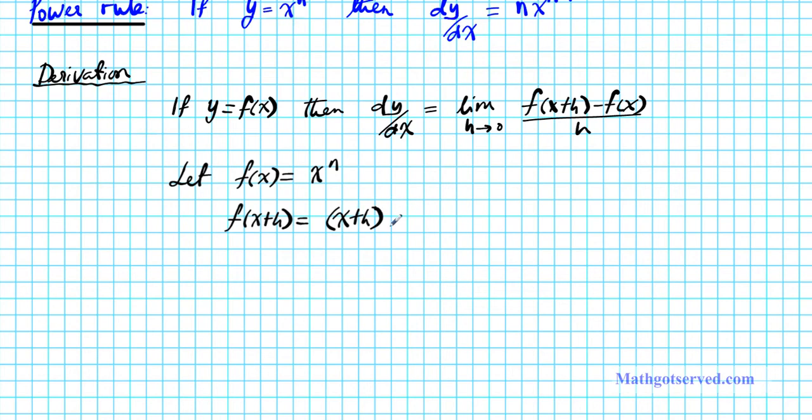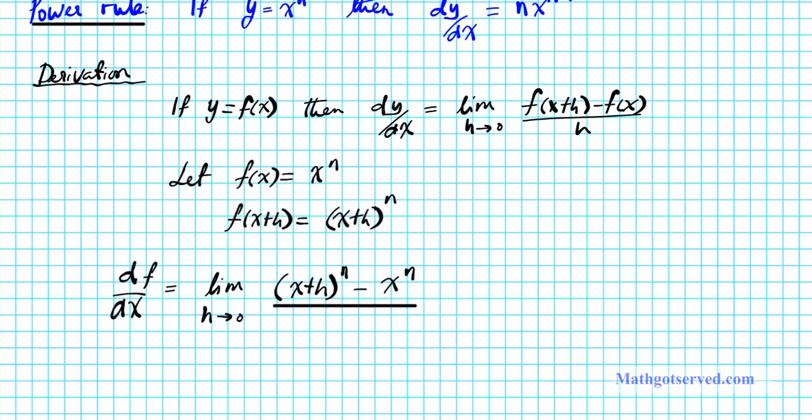Actually, we're dealing with f, so let's say df/dx is going to be the limit as h approaches 0 of x plus h to the n, which is f of x plus h, minus x to the n, that's f of x, and that entire thing divided by h.